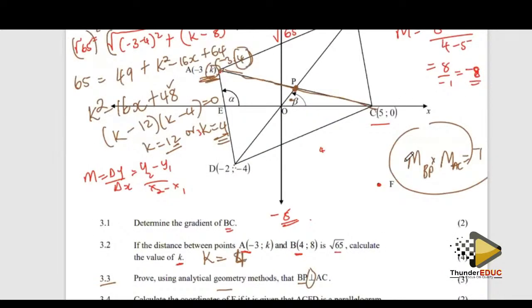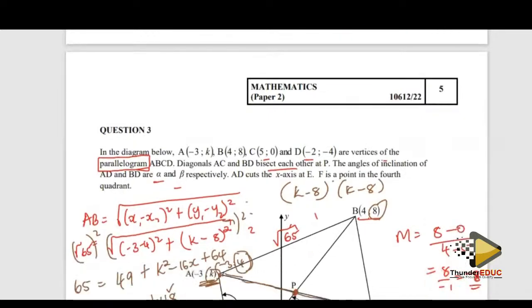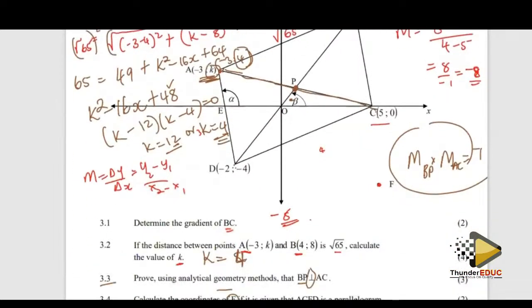All right. Then calculate the coordinates of F. If it's given that ACFD is a parallelogram, and we need to find any missing coordinates, we have to use the midpoint.